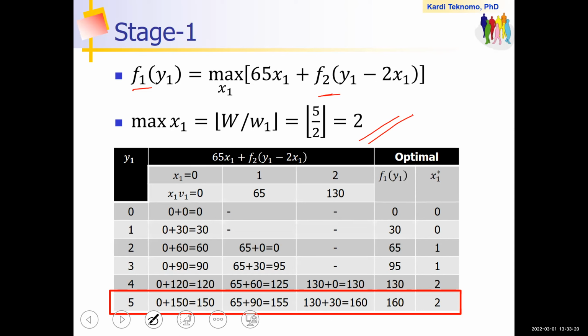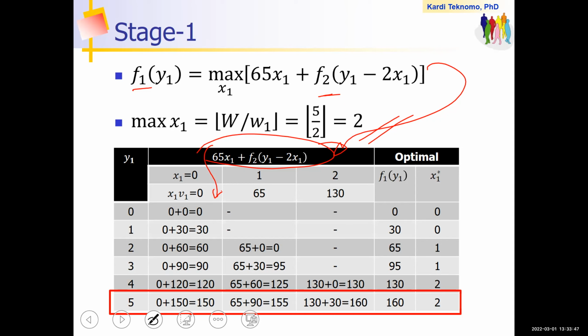Then we put all these values into this table again so that you can do it more systematically. So x1 is 0, 1, and 2. Maximum is 2. We put all these values into this, and then we get the maximum.